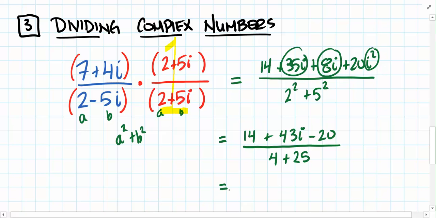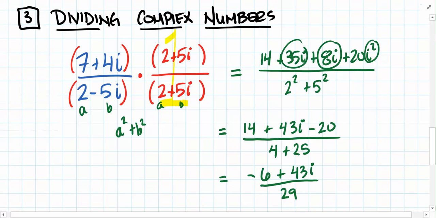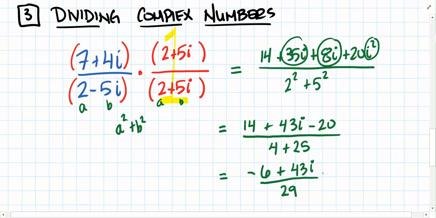Okay, and then continuing along, 14 take away 20 is negative 6 plus 43i. And then in my denominator, I have 4 plus 25 makes 29. Now you'd think that we would be done, but we want to write this in standard form. And again, remember that standard form is a plus or minus bi.